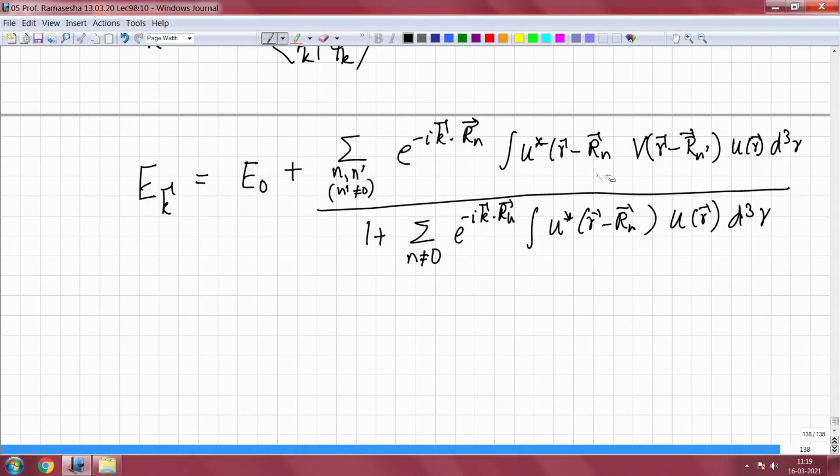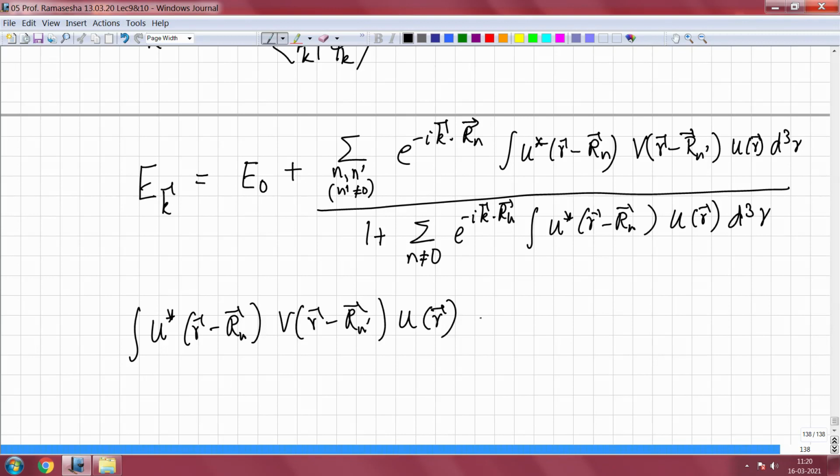If you are looking at the potential part, you see the following: integral u star (r minus r n) times v of (r minus r n prime) times u of r d cubed r is in general a 3-center integral.